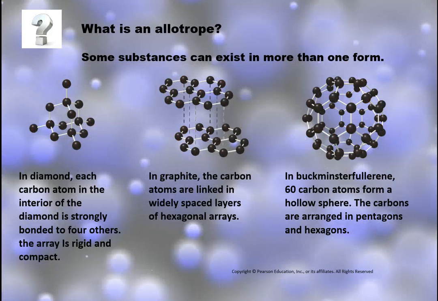Now, we have what is also called an allotrope. Some substances, elements in particular, can exist in more than one form, and we call those allotropes. So if we take a look at carbon, carbon has 3 common allotropes. You have the diamond, and in the diamond, the carbon atoms are bonded to 4 others in a very tight, rigid, compact structure.